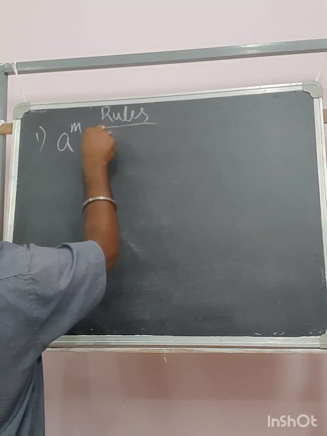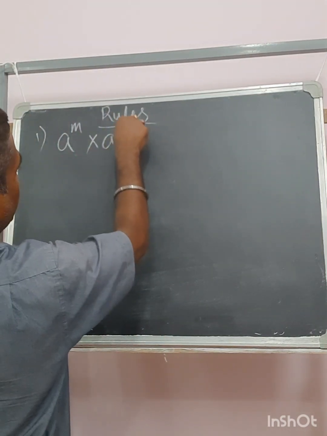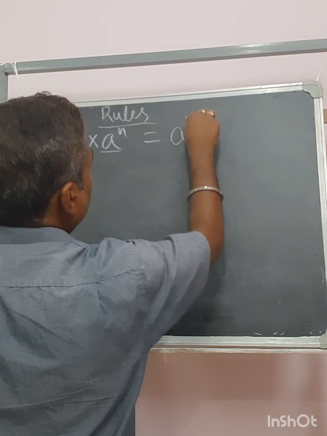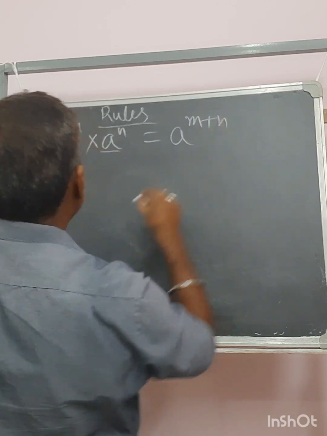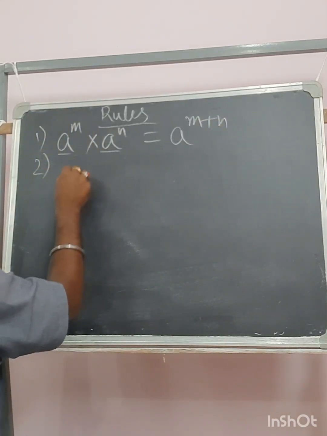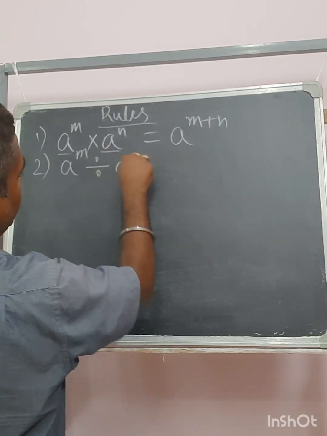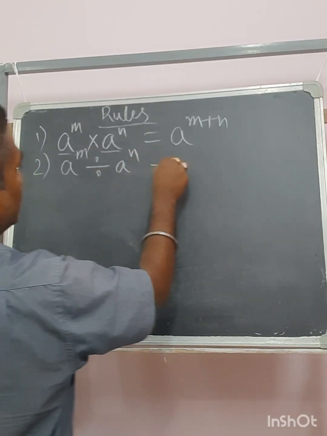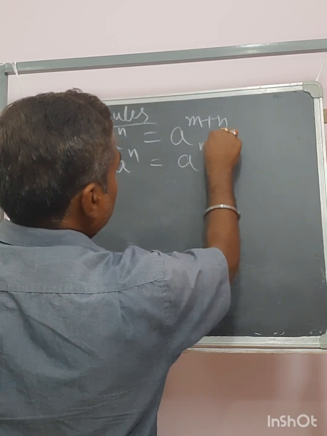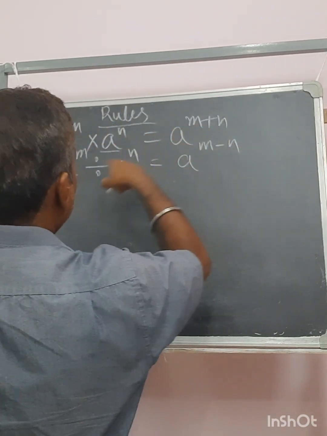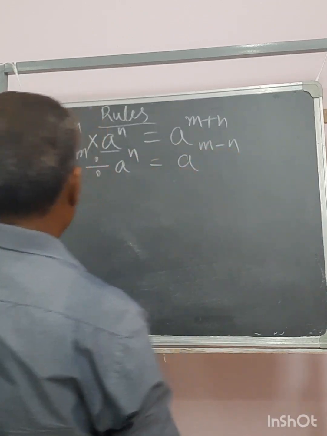So a to the power m into a to the power n, if the bases are the same, then I can write this as a to the power m plus n. Second, a to the power m divided by a to the power n, then I can write a to the power m minus n, because for multiplication the powers are added, for division they are subtracted.